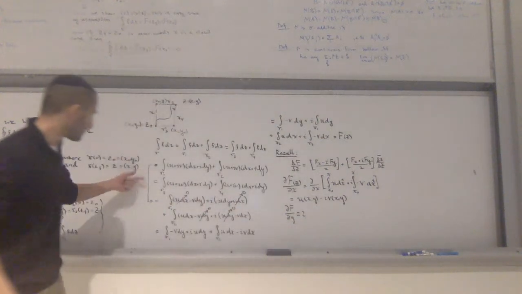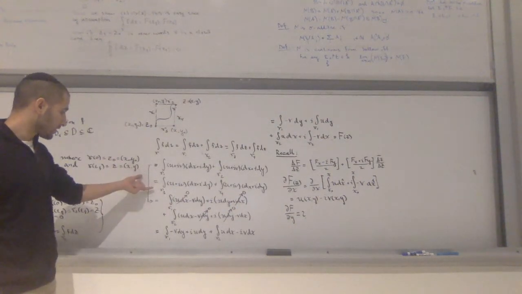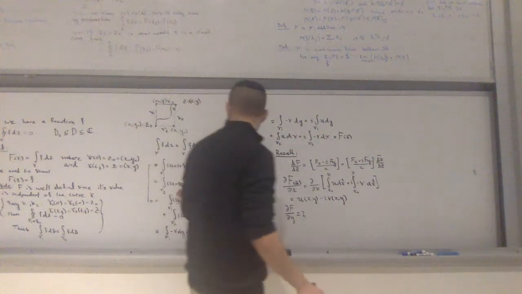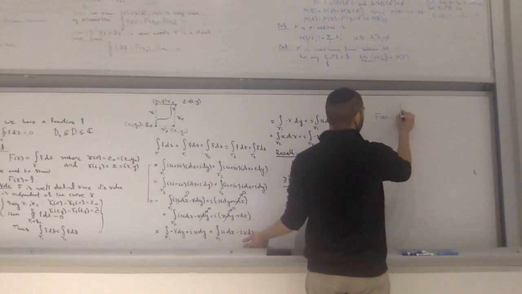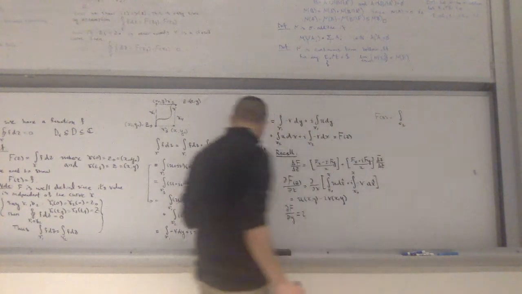We can rewrite f using the second equation. And so what we have is that f of z is equal to the integral along gamma 3.